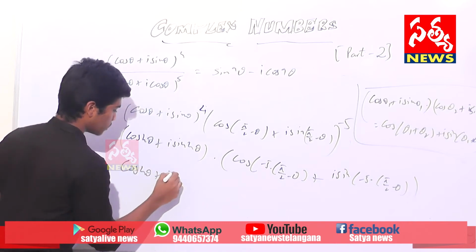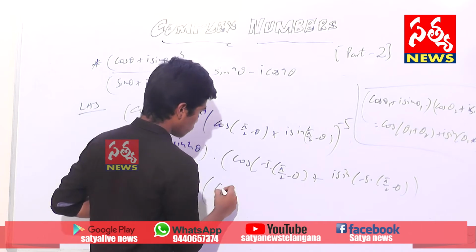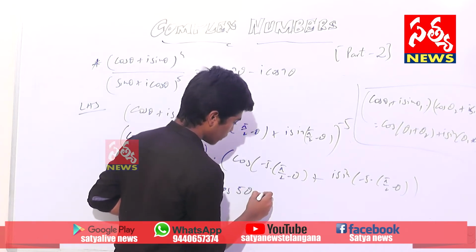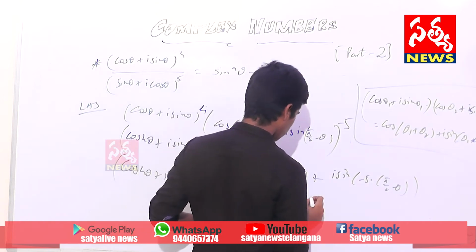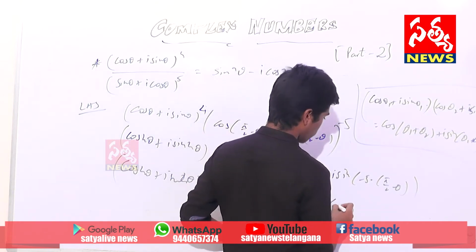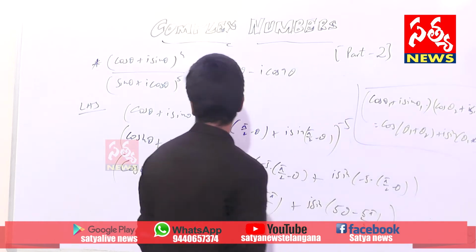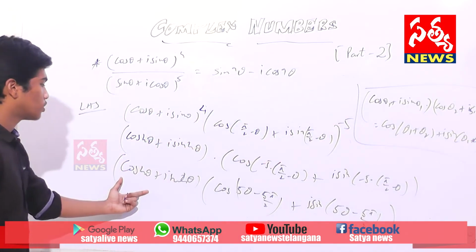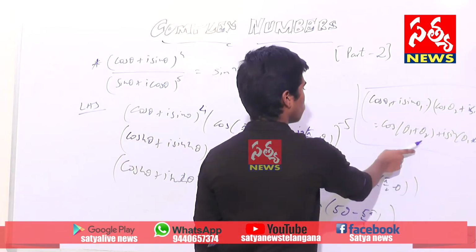Now, (cos 4 theta plus i sin 4 theta) into (cos of (5 theta minus 5 pi by 2) plus i sin of (5 theta minus 5 pi by 2)). Now here we have (cos theta 1 plus i sin theta 1) into (cos theta 2 plus i sin theta 2). Use this formula.